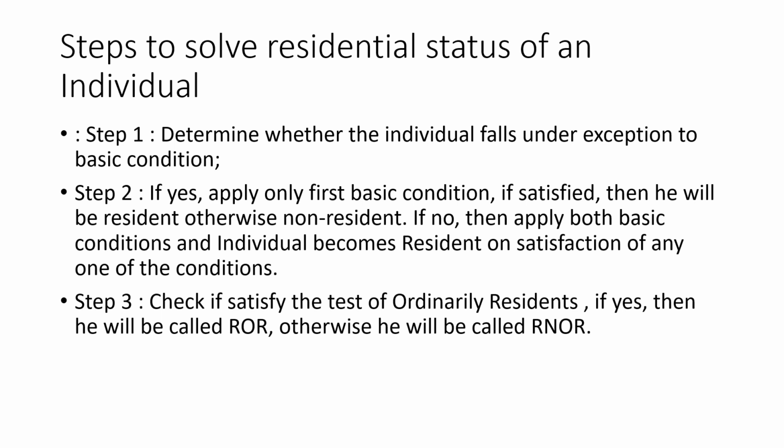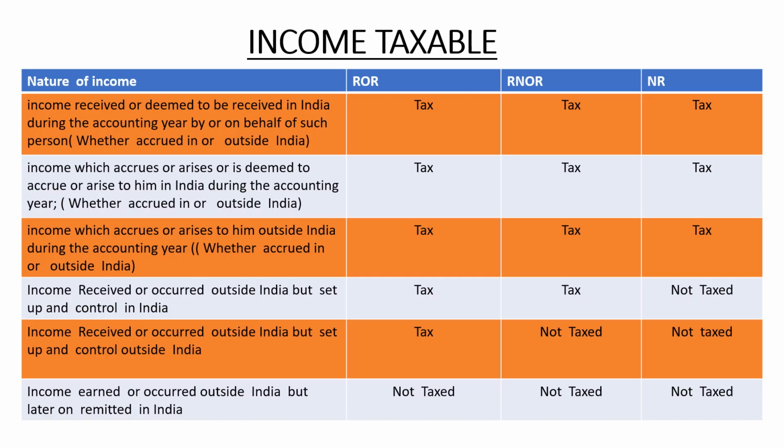It means if a person becomes ROR, then he would have satisfied the basic condition plus the additional condition. And this is the reason behind finding the residential status. So finally the outcome is the imposition of tax on the basis of residential status.